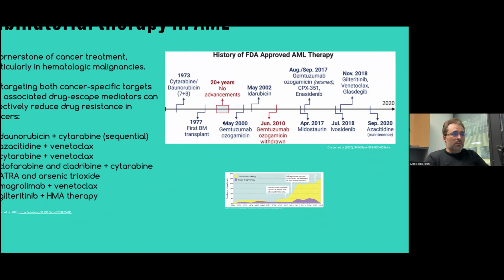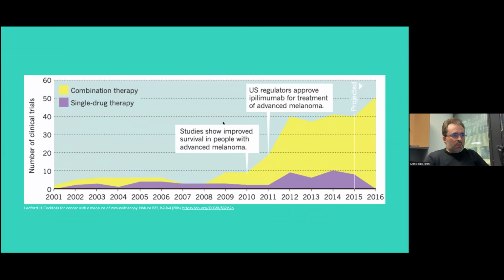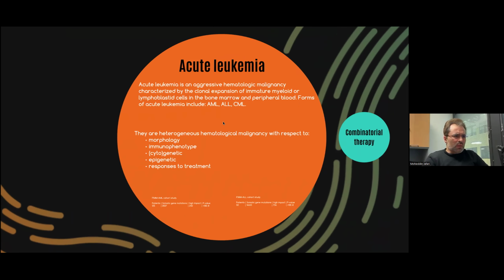And if you check the regulatory side, the number of clinical trials of combination therapy is larger and quite different from single drugs. This statistic is a little bit old, but it shows that there is a trend to test combinations.